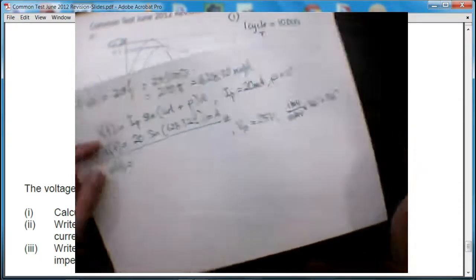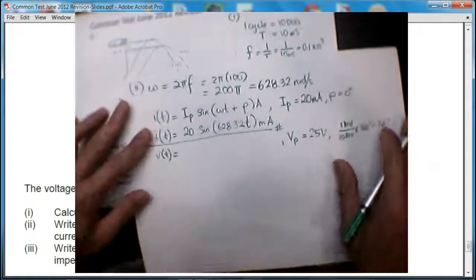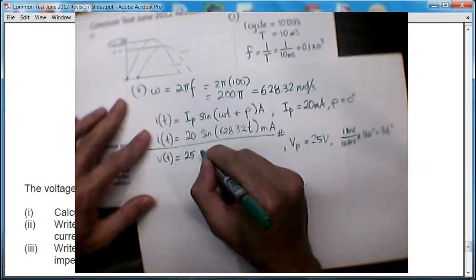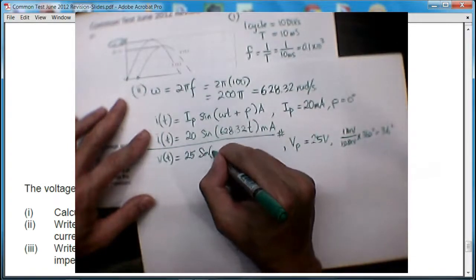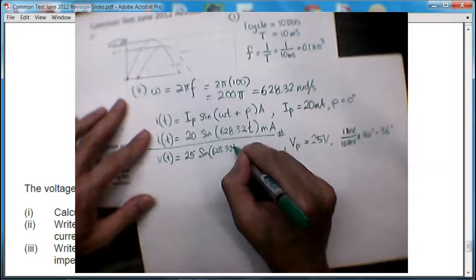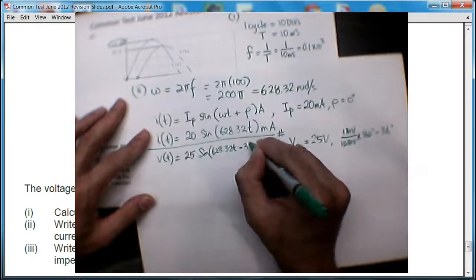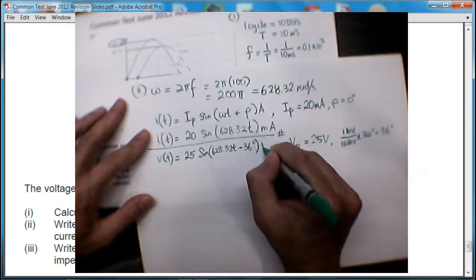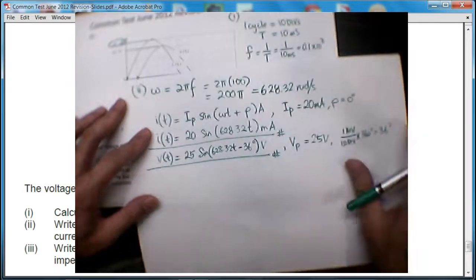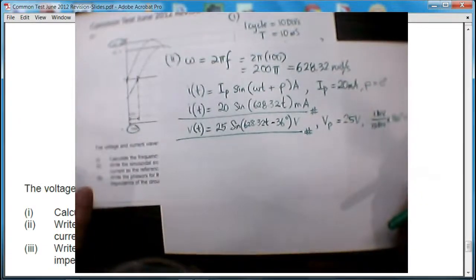That means the voltage waveform has a phase shift backward of 36 degrees. So I can then proceed to write the waveform as 25 sine 628.32t minus, in this case because it lags behind, minus 36 degrees volt. That is my sinusoidal waveform for the voltage. Okay.